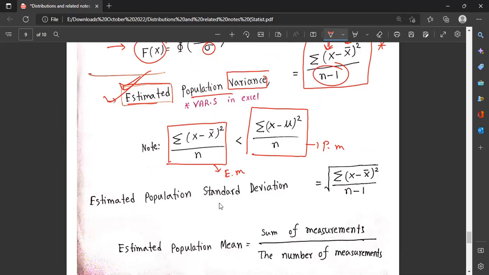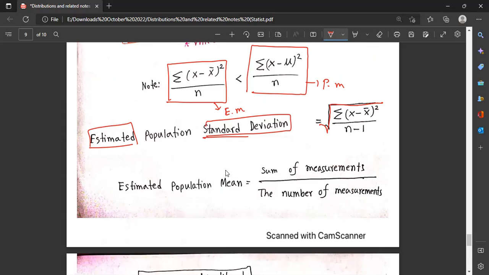And the estimated population standard deviation. So it is estimated. It will be the square root of summation of (x minus x mean) whole square by n minus 1.